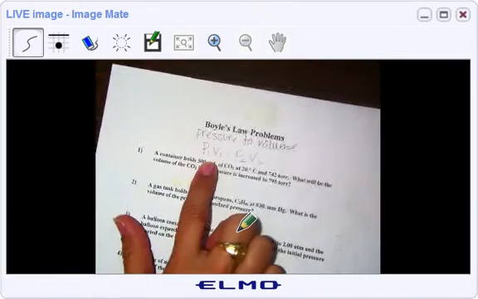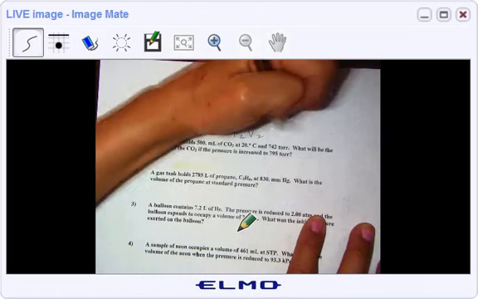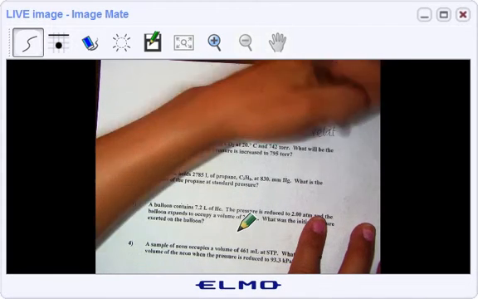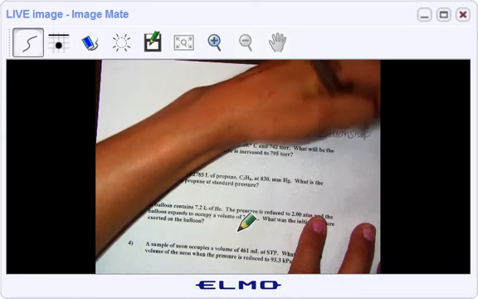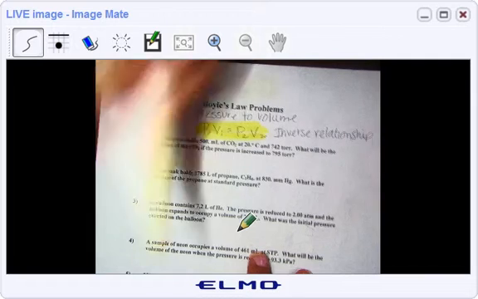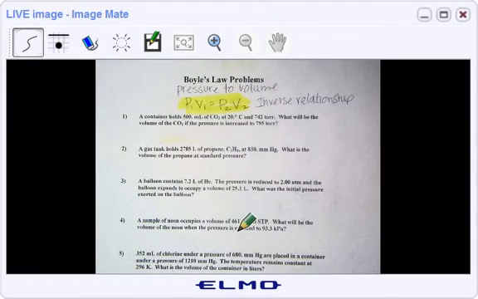And for something like this, when formulas are written like this, it is an inverse relationship. So what that means is when pressure does something, volume's going to do the opposite. So it really just depends what the question is asking, but knowing those two pieces of information can help you make the best guess if you are confused or having trouble with the calculator.